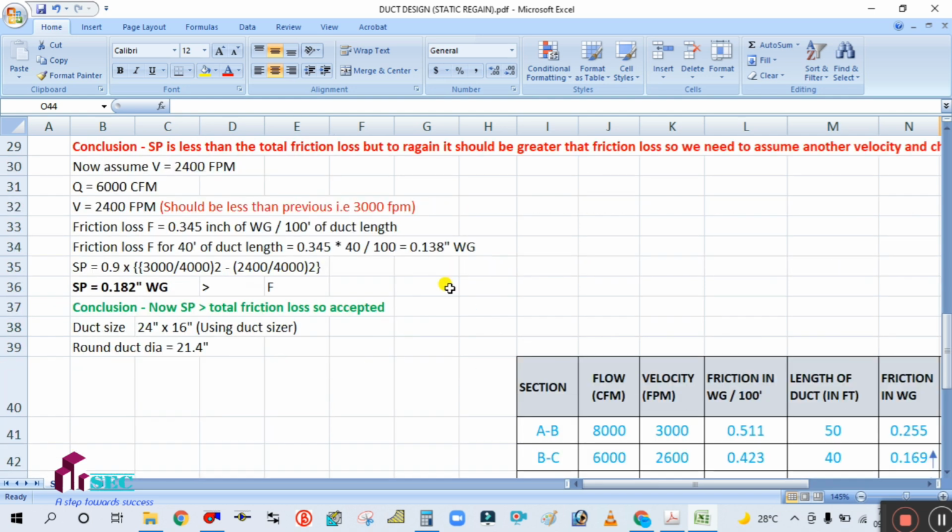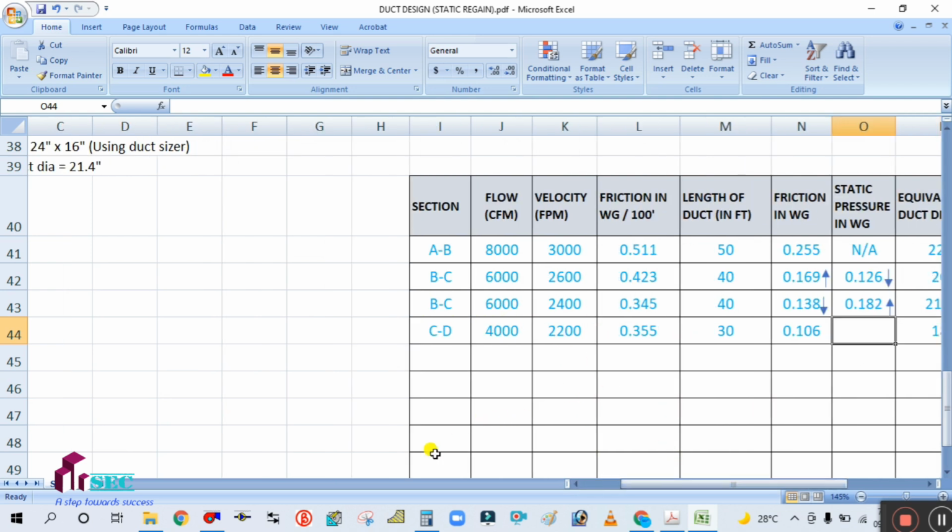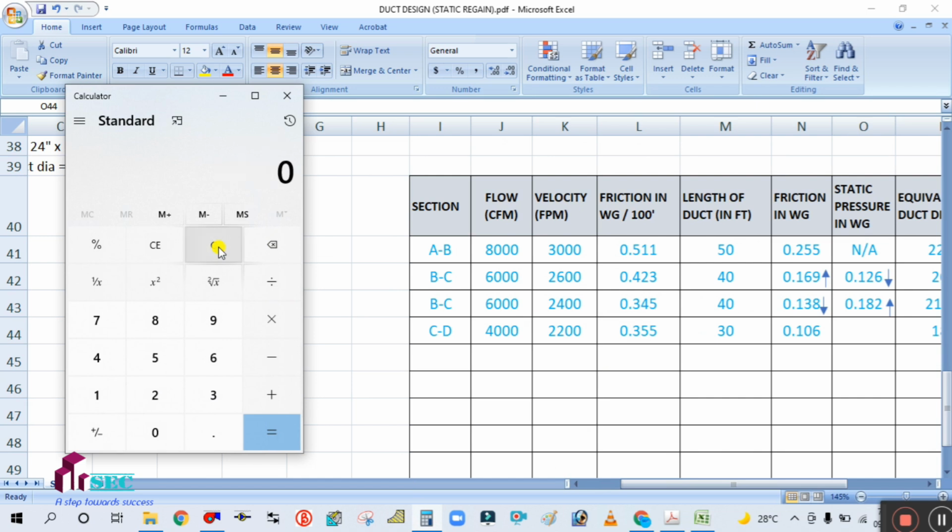V1 by 4000. So what was your V1? Here is B to C. Okay, so V1 2400 divided by 4000, 0.6, whole square. Okay, so 0.36. Simply this one whole square, so 0.36. Clear this value and remember.